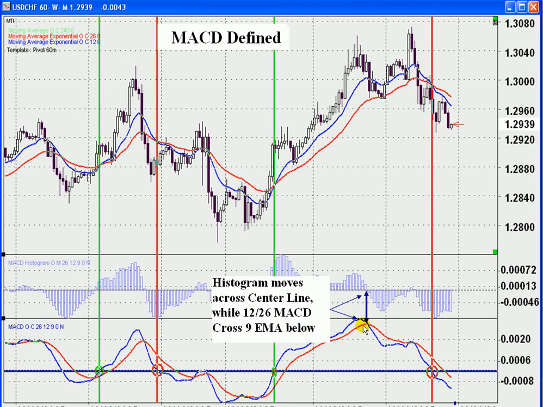We've simply noted that here in your book, showing the corresponding price action of how the blue line crosses the red line and the histogram crosses the histogram center line. Again, the breadth of the histogram indicates the breadth of the distance between the 12 and the 26 and the 9, or the blue line and the red line.